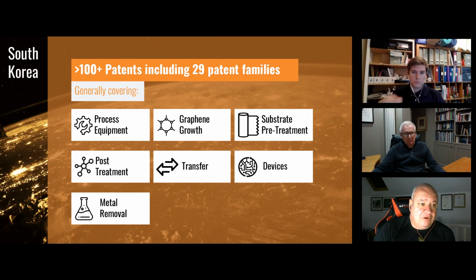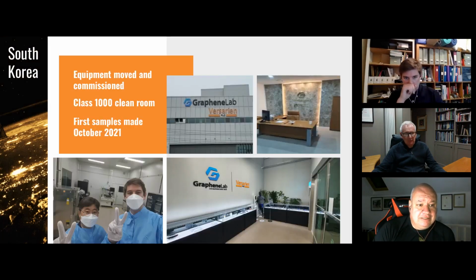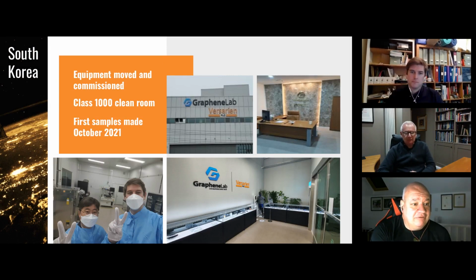So if we move on to the next slide, you'll be able to see that Steve's just come back from South Korea, where he's been out with the Korean team. The assets are all co-located with our partners, Graphene Lab, who use the graphene that we produce in their applications, things like sensors and so on.